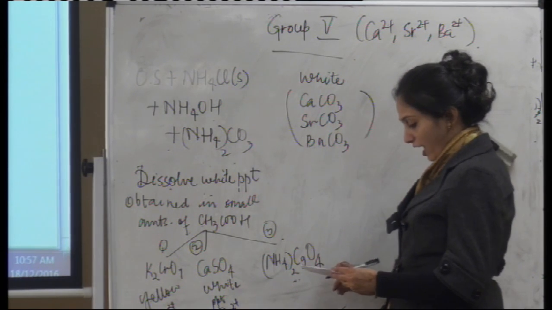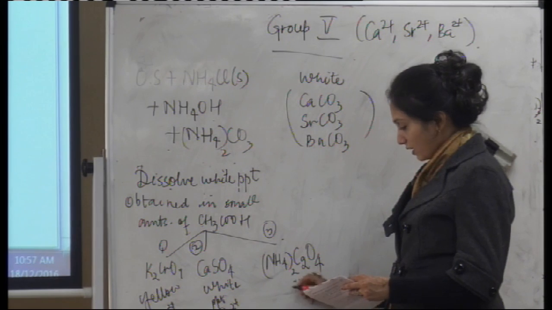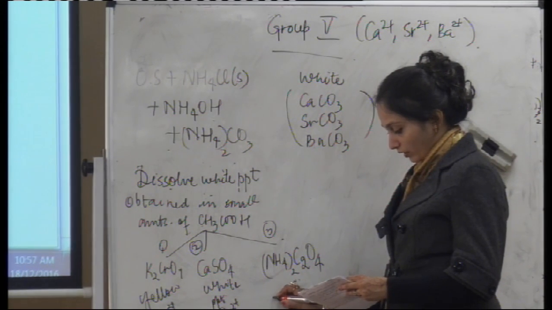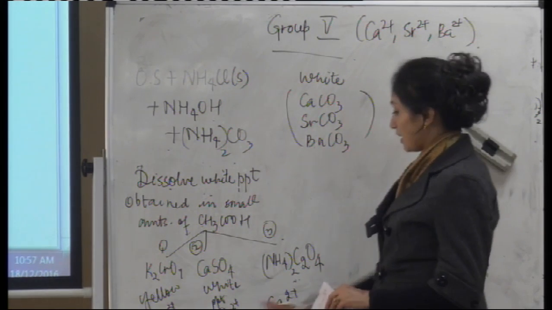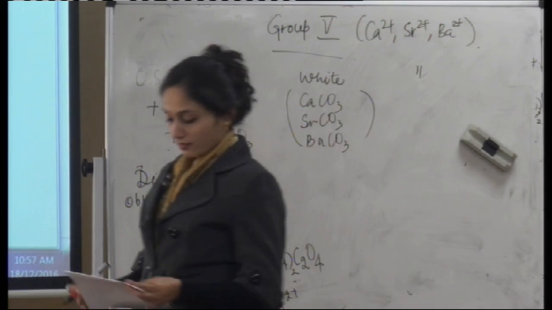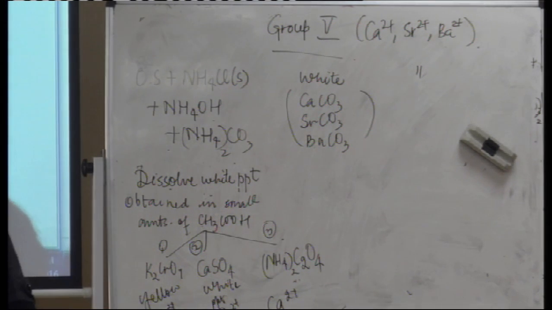And if you have here for oxalate a white precipitate, then in that case it will be your calcium. So remember it in the order of barium, strontium, calcium only. This is kind of the easiest that you can actually do. Then I will talk about the flame test also for all 3 of them.